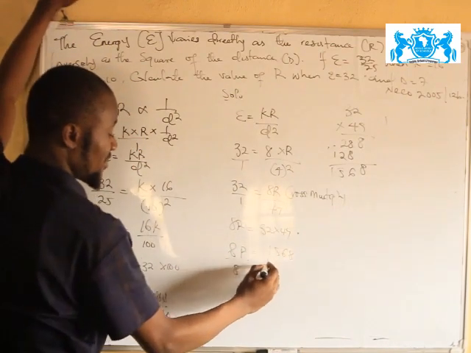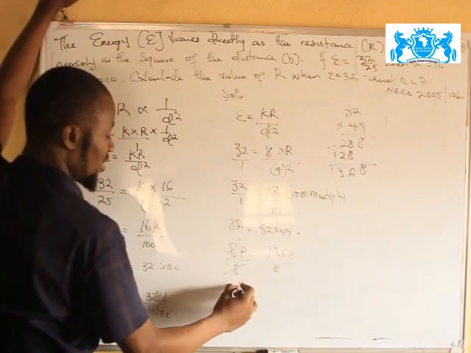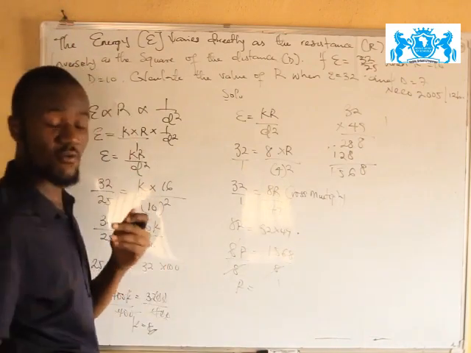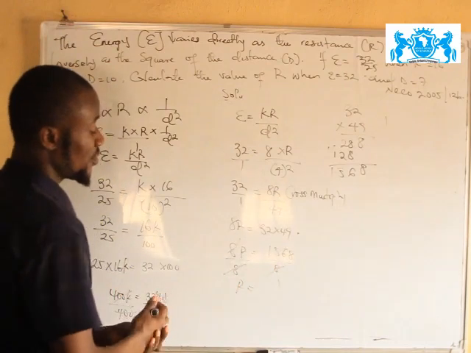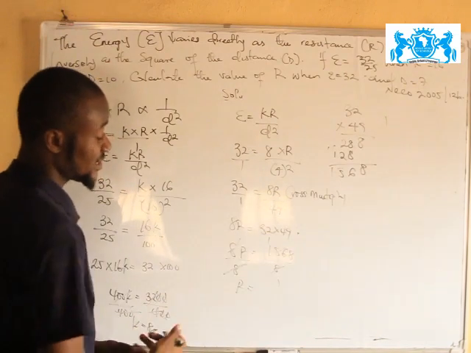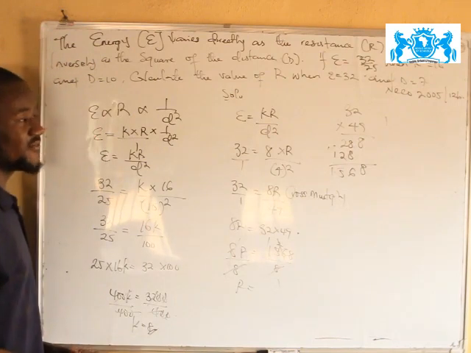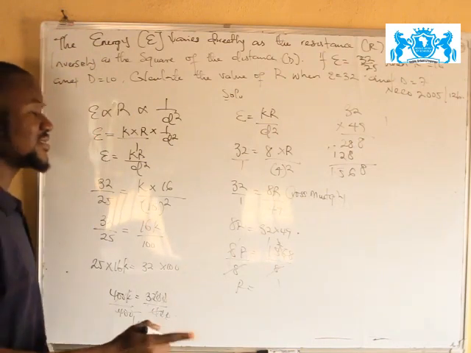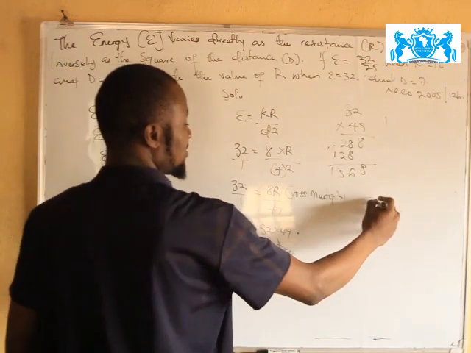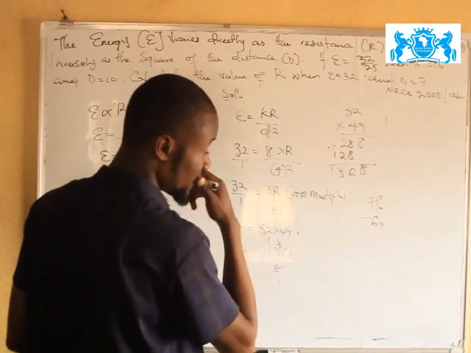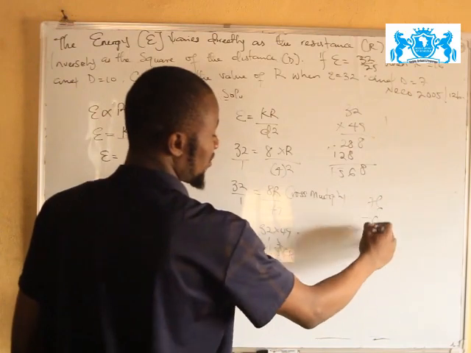So divide both sides by 8, so you can get your R. 8 divided by 15, you'll be having 1 remainder 7. Put the 7 here. 8 divided by 76 should be giving us 8 times 8 is 64. So 76 minus 64, we'll be having 12.